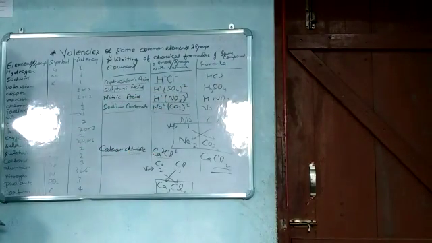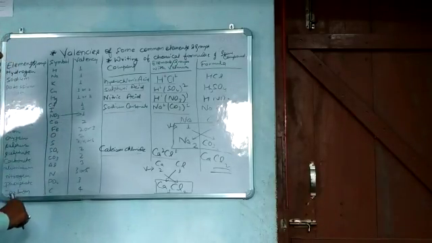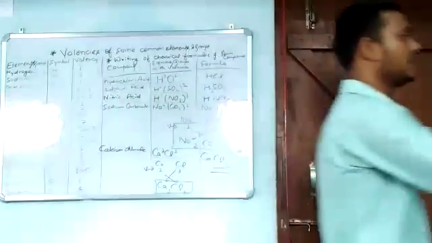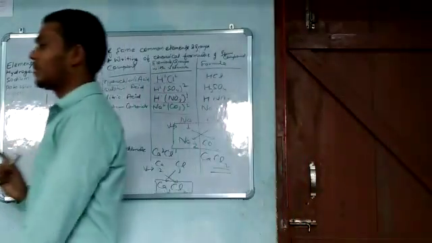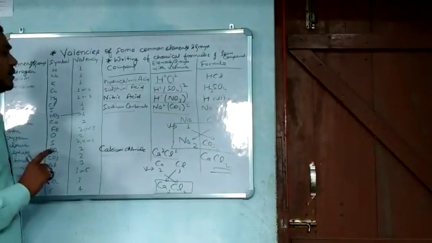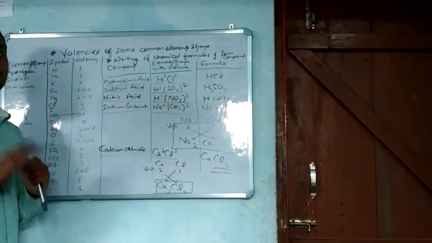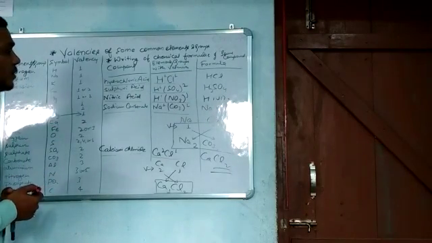These are the valencies of the elements. Okay. While writing the formula of any compound, we just interchange the valency of groups of elements or elements.